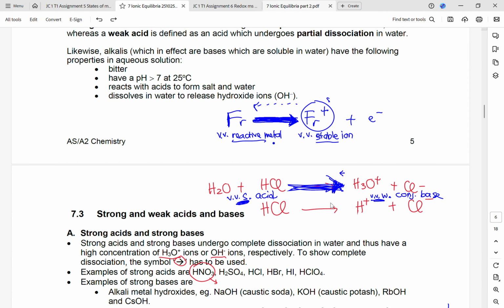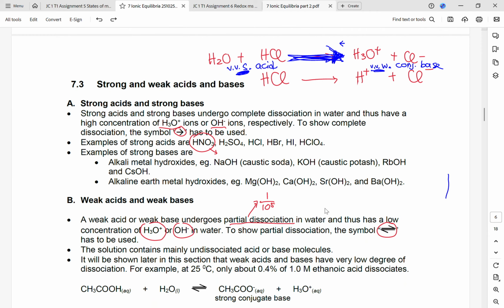It is similar to acid. The stronger the acid, the weaker the conjugate base. Because a strong acid means it doesn't want the H plus. So once it loses the H plus, whatever conjugate base is formed doesn't want the H plus back. Okay?